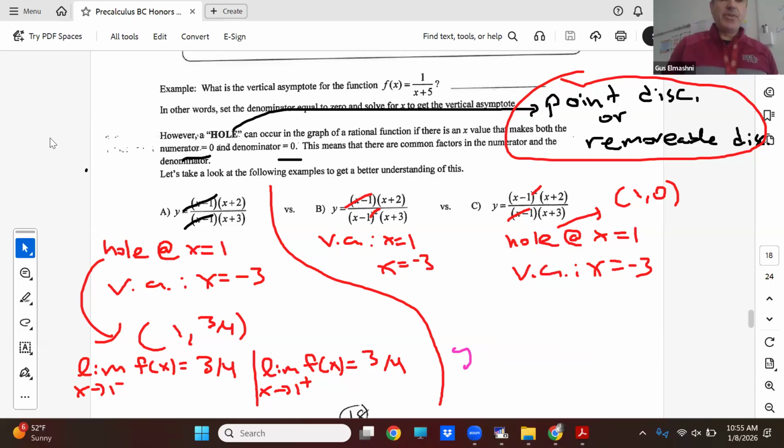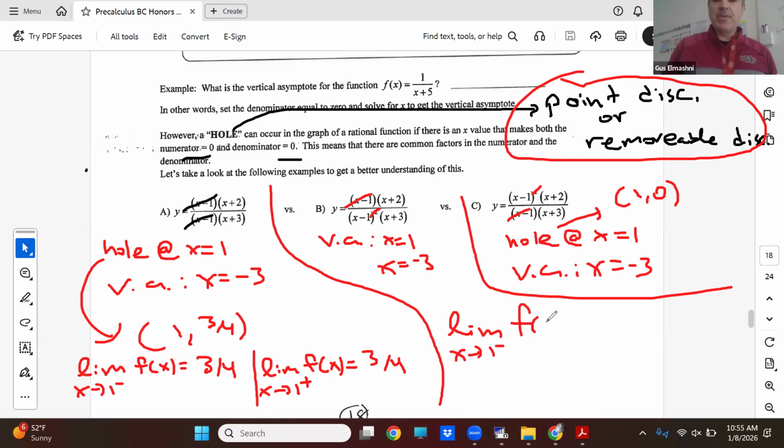If I did those same limits for part B, and I'm actually kind of doing the stuff I planned to do next week, by the way, so I'm actually talking about it right now with you guys. For part B, if I take the limit as x approaches 1 from the left of f of x, and the limit as x approaches 1 from the right of f of x, that's going to be positive or negative infinity, right?